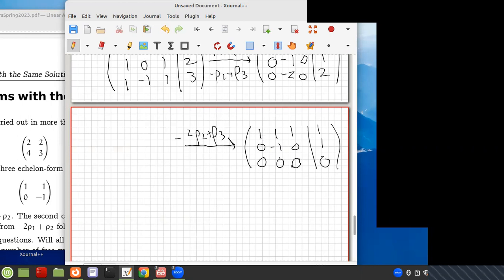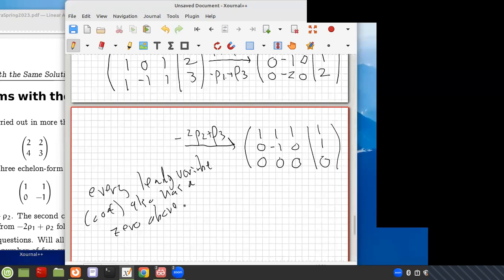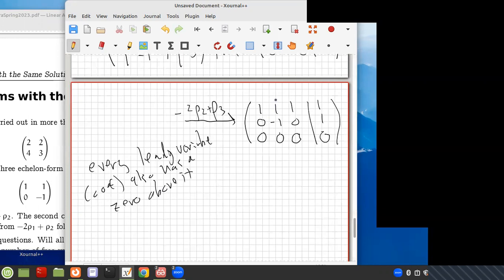We need to go from the bottom upwards and ensure that every leading variable, that's the coefficient here, also has a 0 above it. So here, what we have to do is we need to get rid of this one here. Because this is a leading term, so we need to get rid of that one.